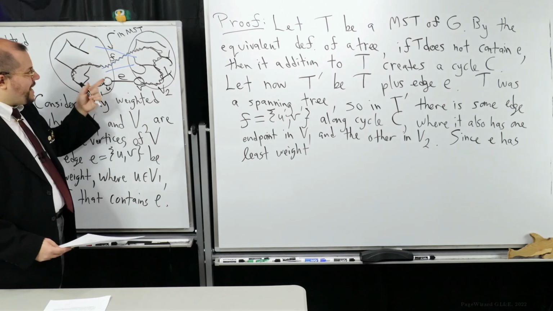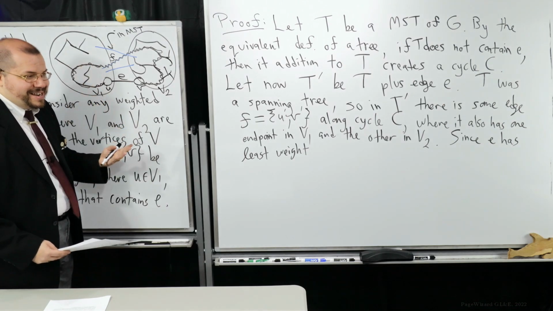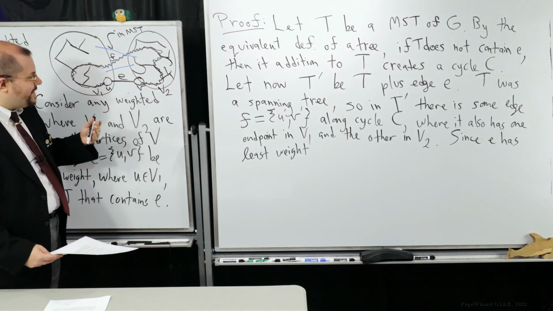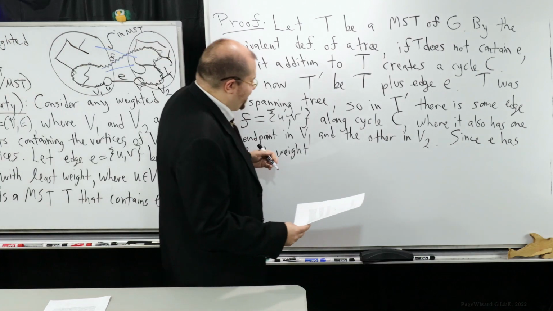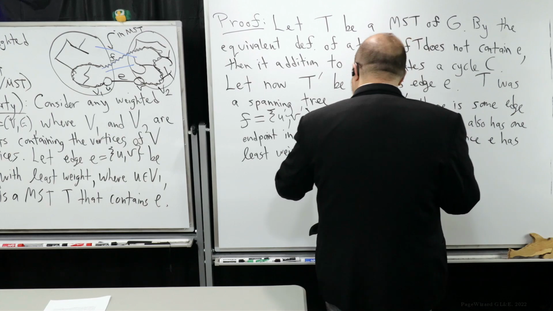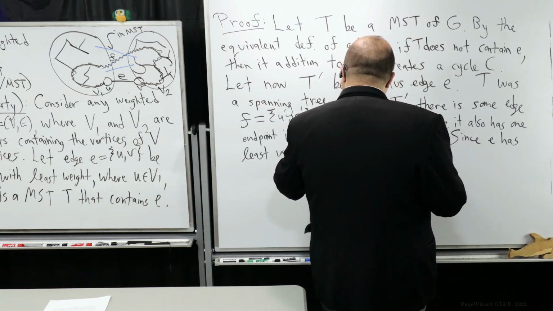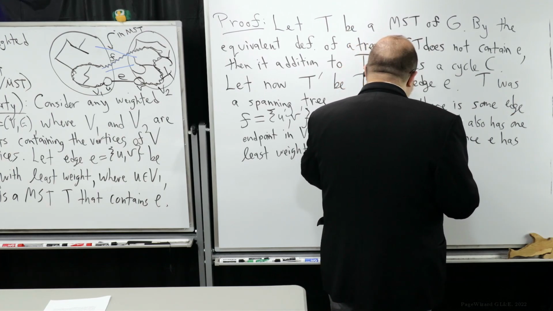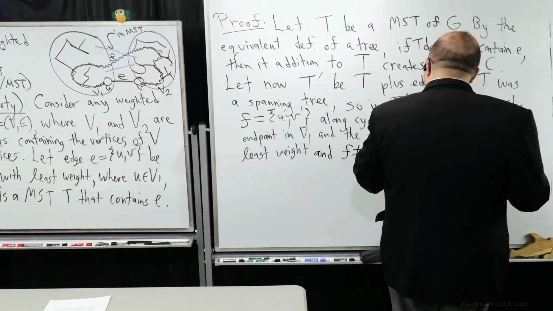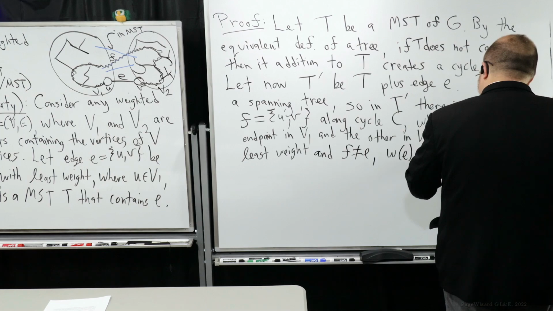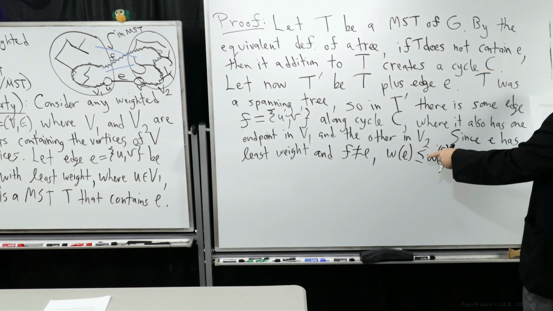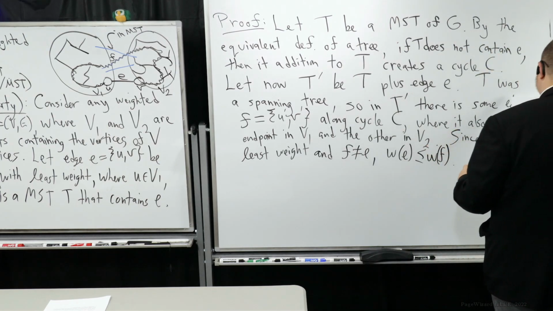Almost certainly F's weight can't be less than E's because E is the least weight edge across this cut, right? So we know F is not equal to E, but that means that the weight of edge E is no more than the weight of F. So the weight of E is less than or equal to the weight of F.